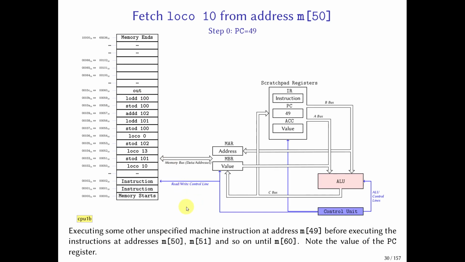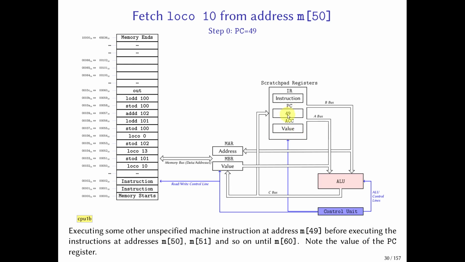Now, just before we execute our first instruction belonging to the program, we can see that the computer has been executing previously unknown and unspecified machine code instructions. Inside the instruction register there is a machine code instruction, the details of which we haven't specified. Inside the accumulator there is some value from a previous computation.